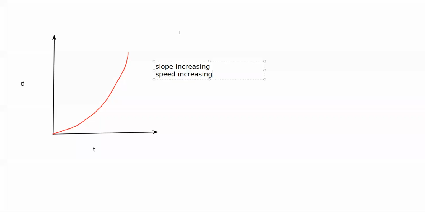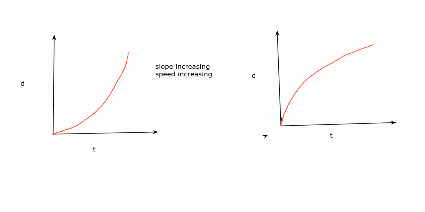And the last part, if you have a distance time graph and the slope is decreasing, then if slope decreases, it means the speed is decreasing also.